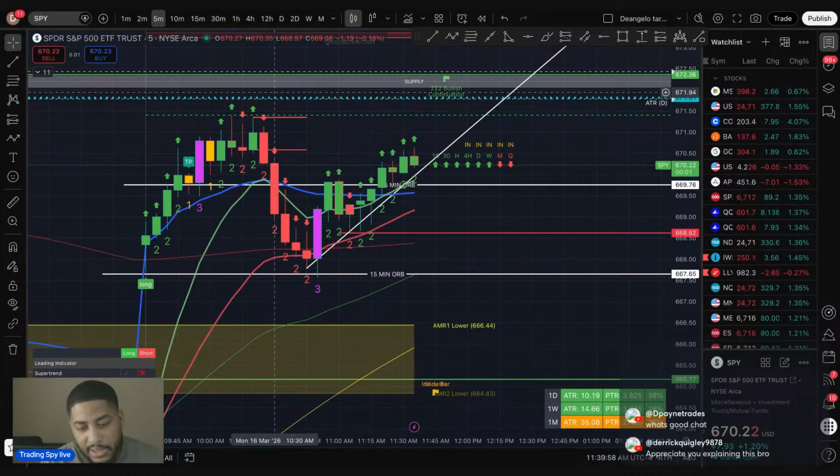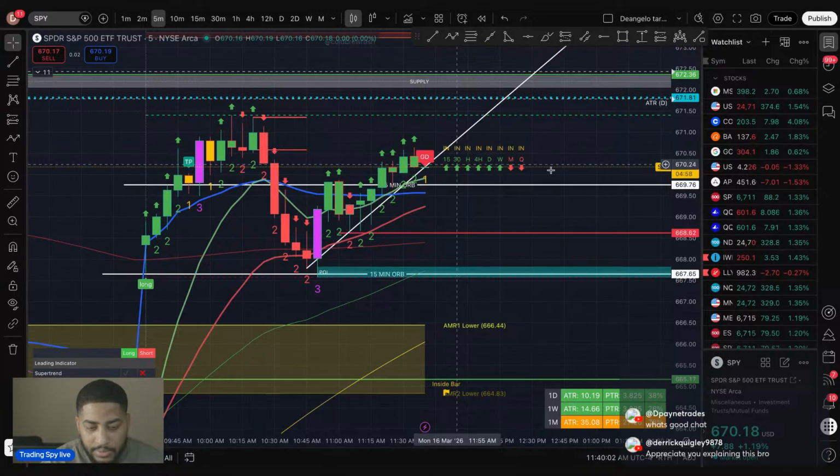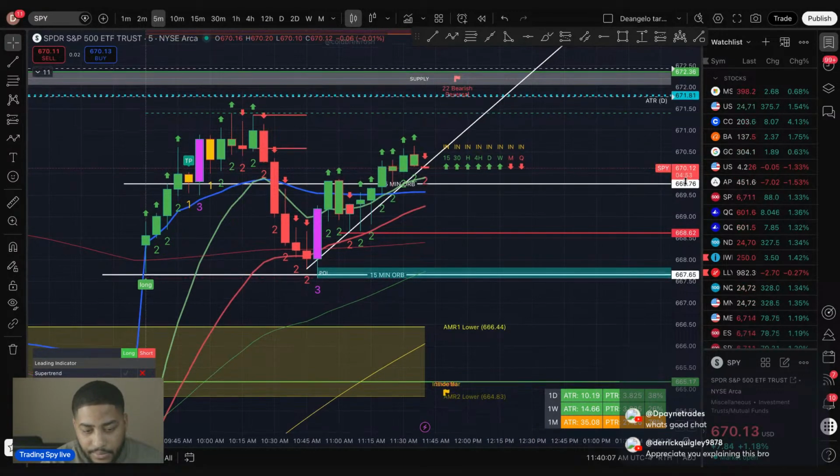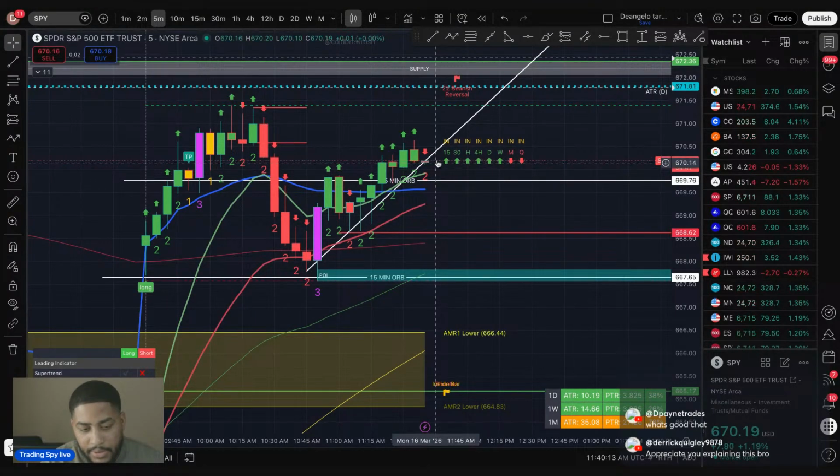Come on, step in. All right, it just gave us a fell 2 up. So that's a bear sentiment. I don't like that. I need them to give a fell 2 down, so I can stay confident in this. As long as we stay above the 9 EMA and the VWAP, we straight. But I don't like that.